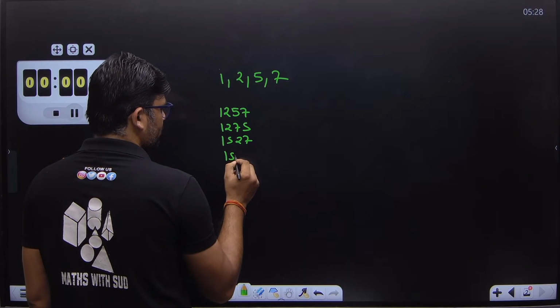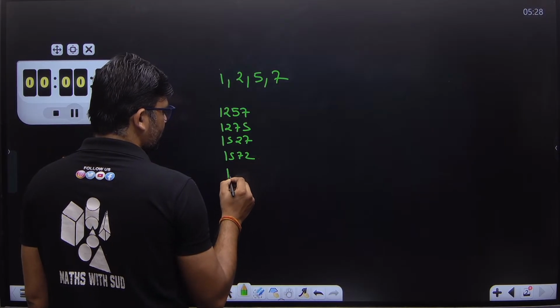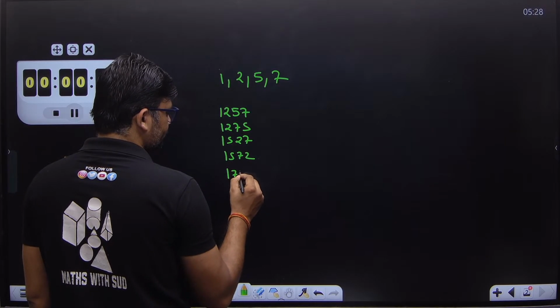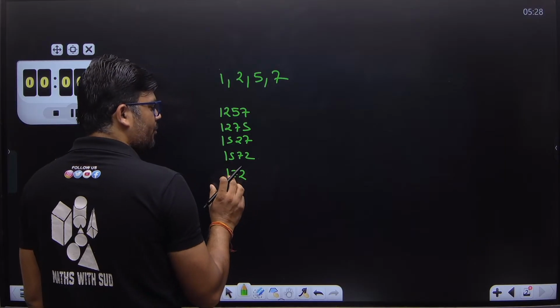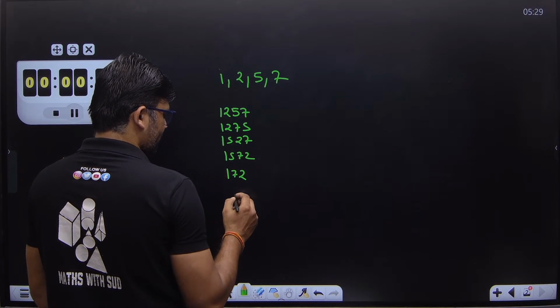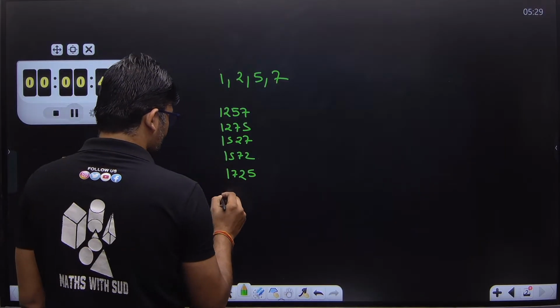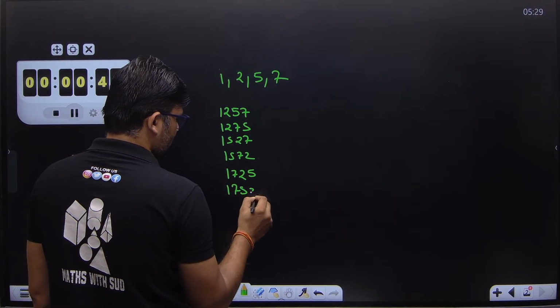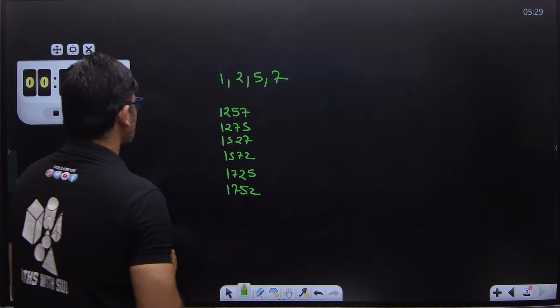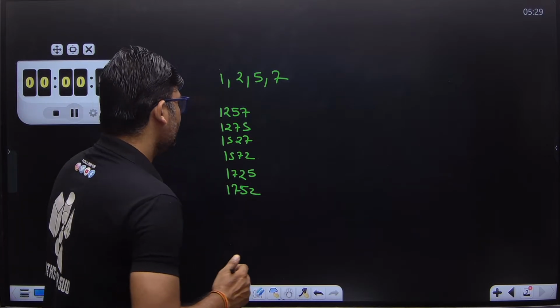Wonderful. 1, 5, 7, 2. Good one. Keep 1 and replace 5 by 7. 1, 7, 2, 5. 1, 7, 5, 2. Wonderful.